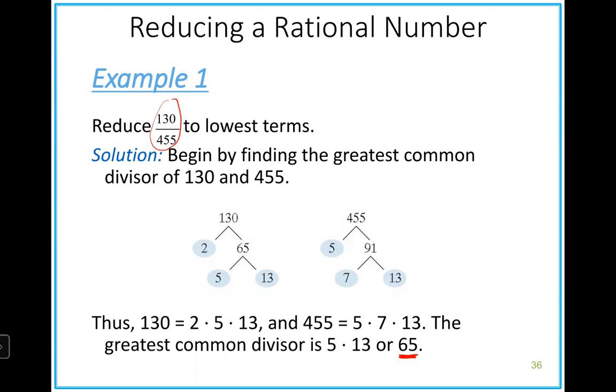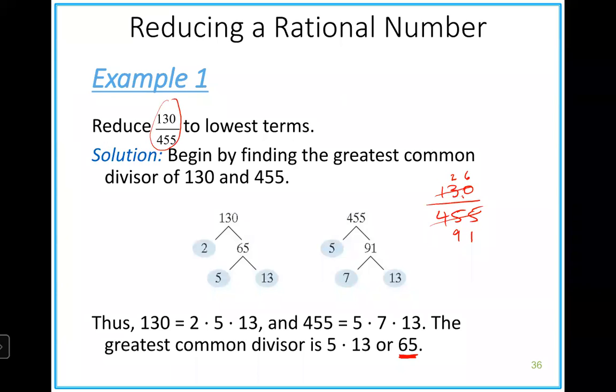Now, if you want to, instead of going through all of that, you could look at 130 over 455. And right away, you could see that 5 could divide because this ends with 0 and that ends with 5. So you could do another method. You could say 5 into this is 26, and 5 into that is 91. Then you could look now and say, what else could I divide this by?